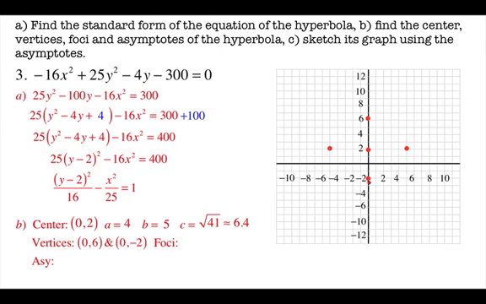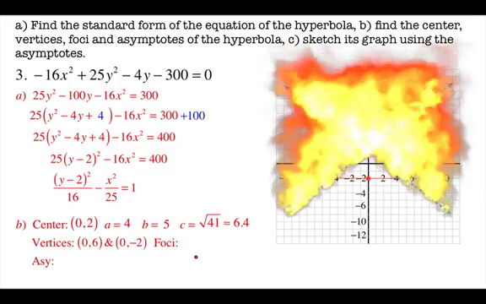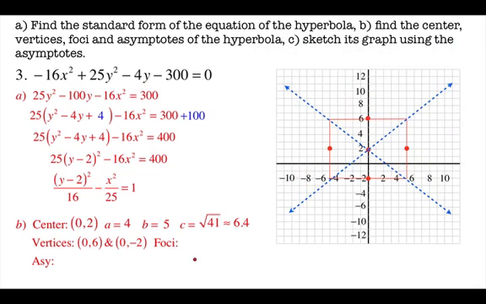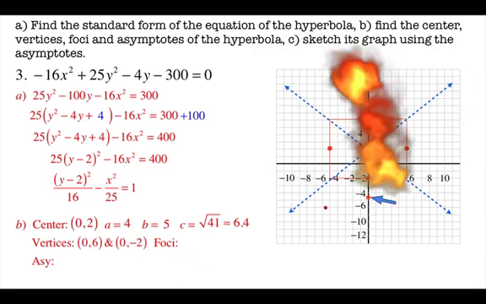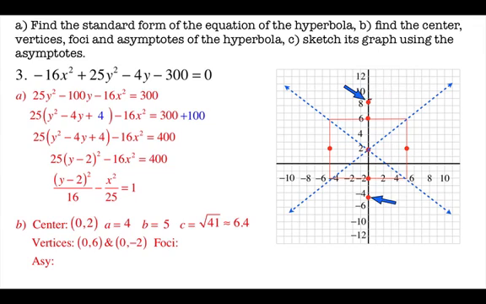The y is positive. Then I go ahead and sketch my rectangle that is going to help me find my asymptotes. Once I do that, this is how the asymptotes look. At this point, I can go ahead and find where the foci go. And all I'm doing to locate these 2 points is I'm going to travel from the center square root of 41, or approximately 6.4 units up and down.